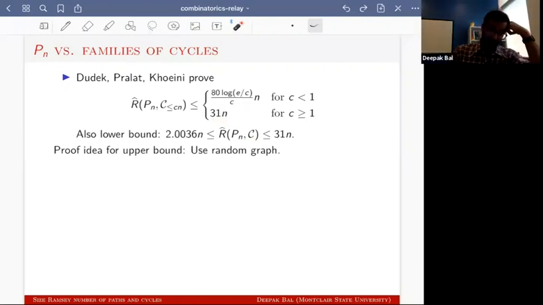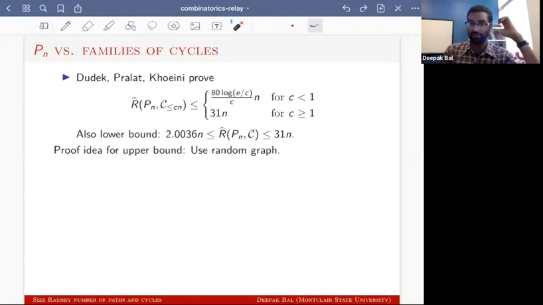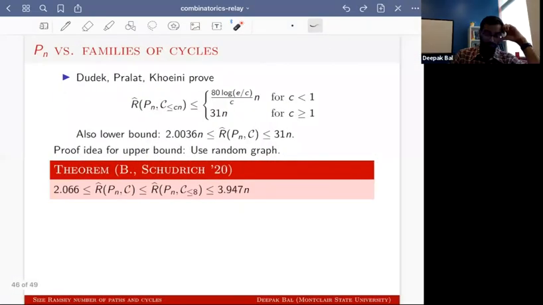Their idea for the upper bound, just like in the P_n versus P_n case, was to use a random graph. But what we showed is that you can get a big improvement over 31n. You can get it down to below 4 by using a completely different type of graph, which seems maybe obvious in retrospect.